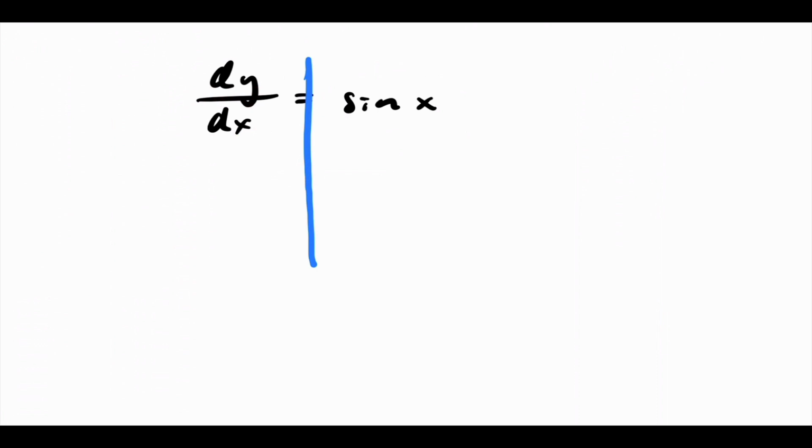Multiply, right? Because it's being divided by dx. So we're going to multiply both sides by dx. That gets rid of that. So we get dy equals sine of x dx. Okay, first step is done. Everything with a y is to the left side of the blue line. Everything with an x is to the right side. That's the first step.